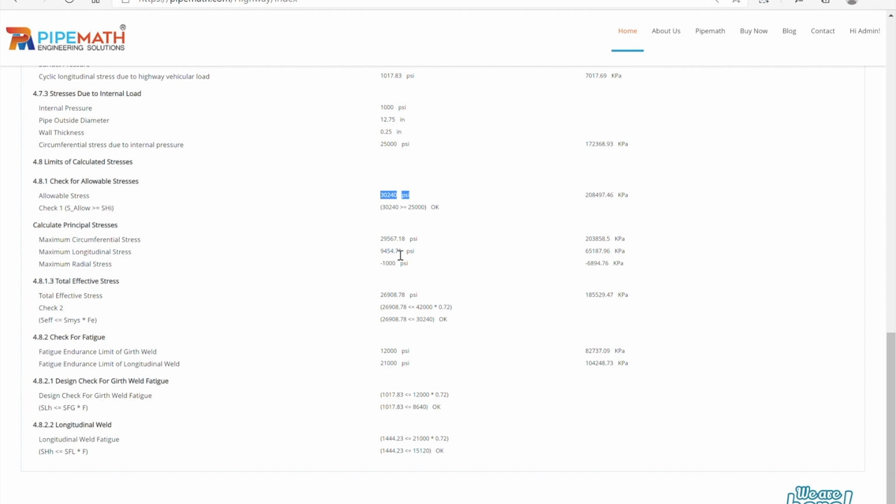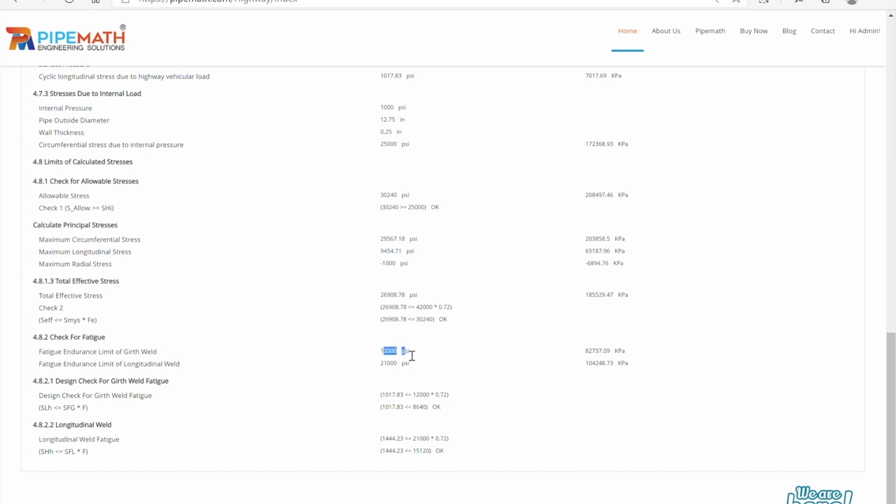So now we calculate the principal stresses: circumferential stresses, longitudinal stresses, and radial stresses. And based on those three principal stresses, the total effective stresses are also calculated. So finally, we are moving to our check for fatigue.